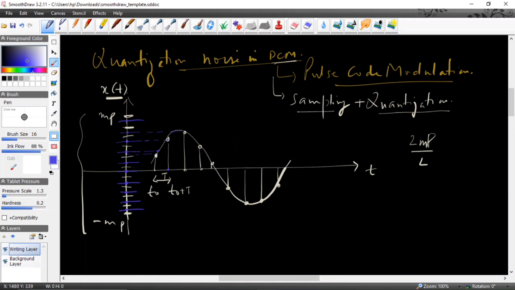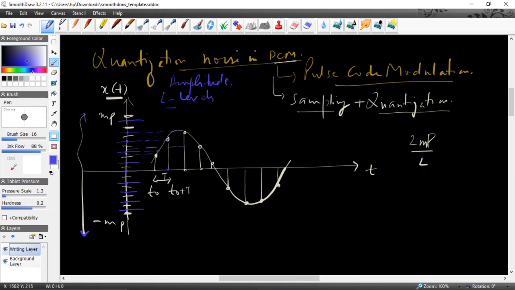Similarly, for this, suppose this amplitude lies here, but it is actually not a permitted amplitude level. So we have to round it to the nearest level. It means in the output you have a finite number of levels, maybe L amplitude levels, or L different amplitudes.